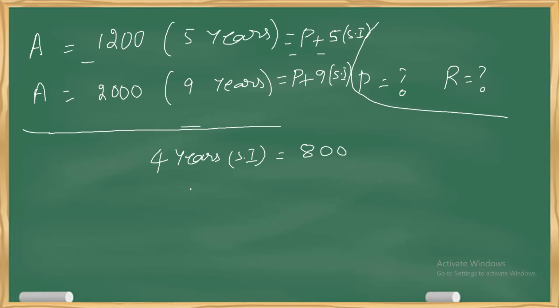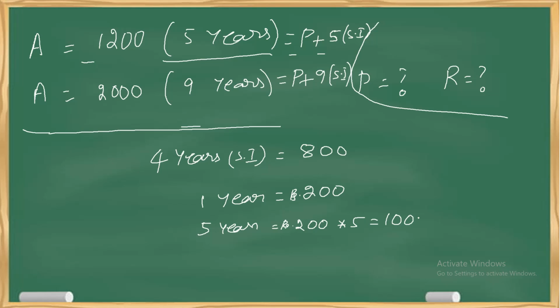Are you able to understand? So 4 years simple interest is 800. So 1 year simple interest how much? 1 year simple interest is 200 rupees. Now substitute here. 5 years simple interest is how much? 5 years simple interest is equal to 200 rupees into 5, that is equal to 1000 rupees.